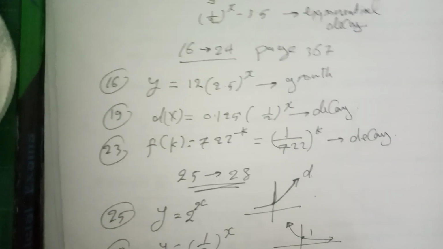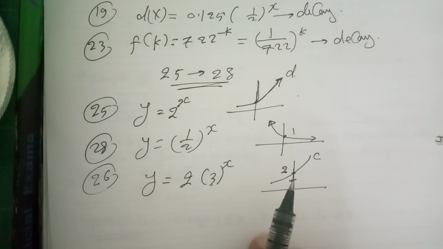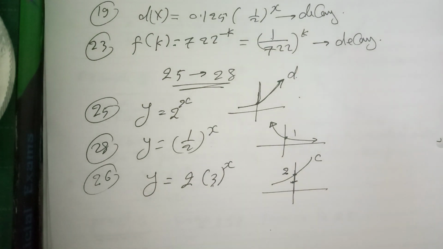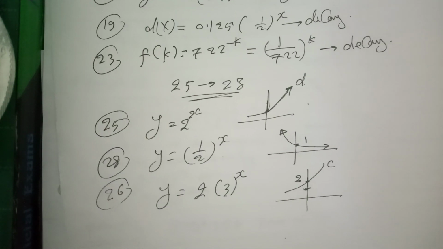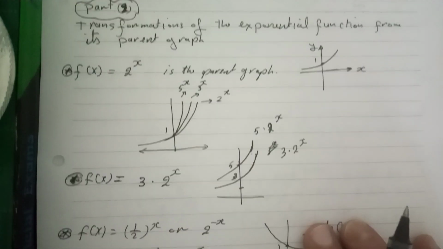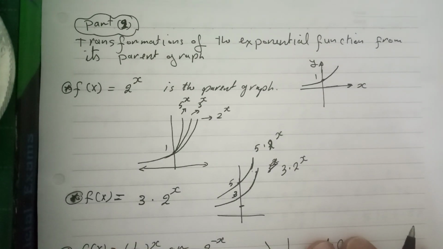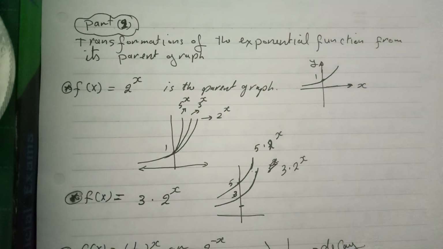Now I have finished the first part of this lesson. Let me move to part 2. Part 2 is talking about transformation of the exponential function from its parent graph.